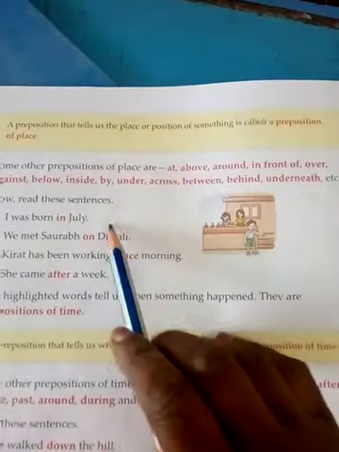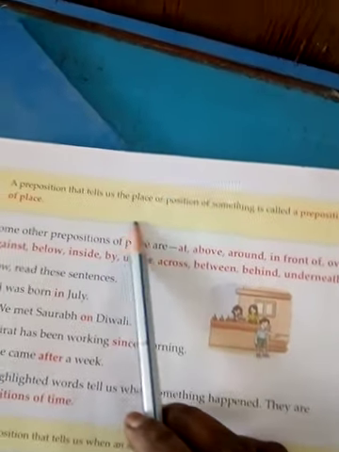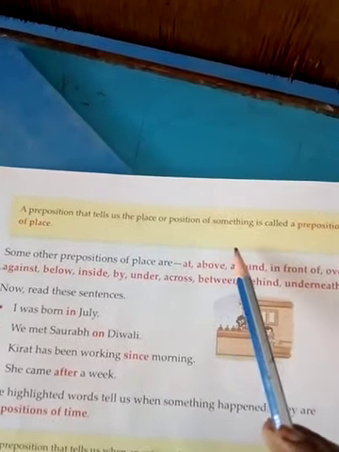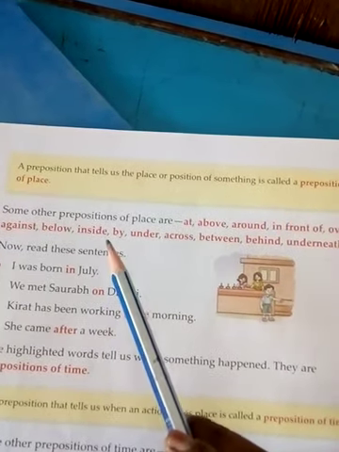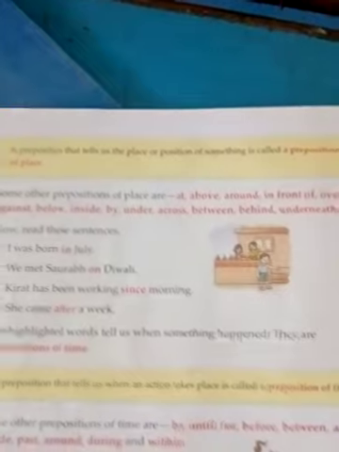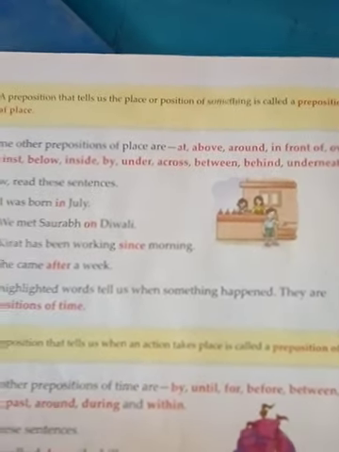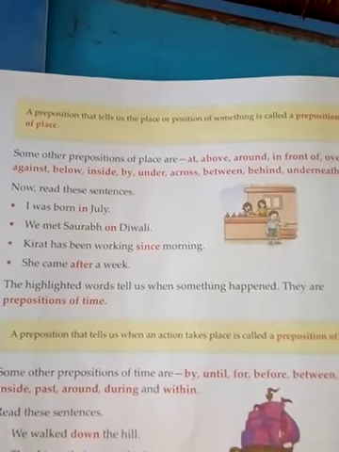A preposition that tells us place or position of something is called preposition of place. It means the preposition which shows us the place of something is known as preposition of place. As we have seen in the previous examples, Nikita has sat beside.